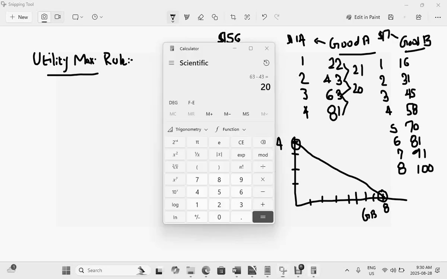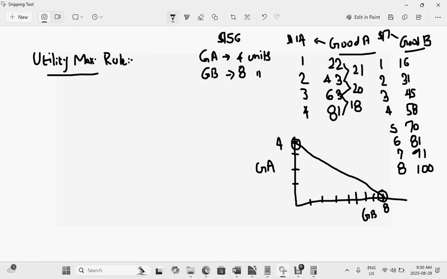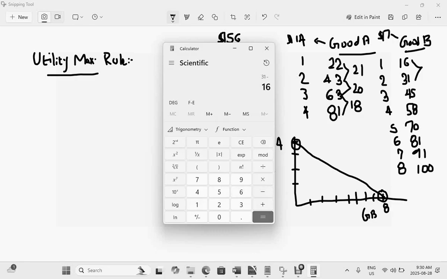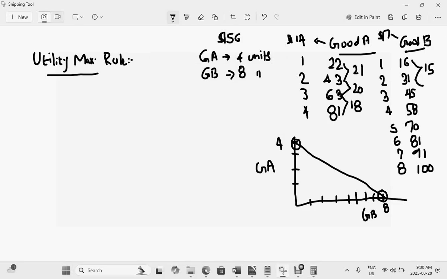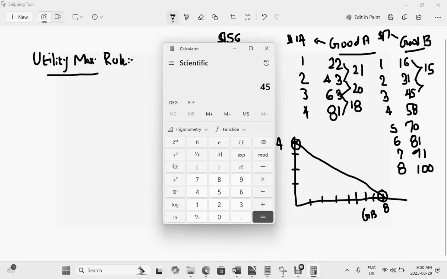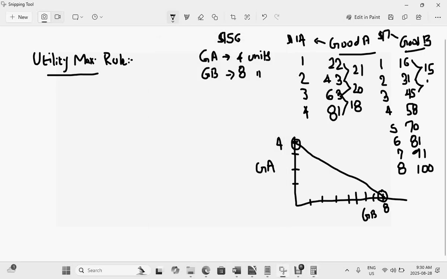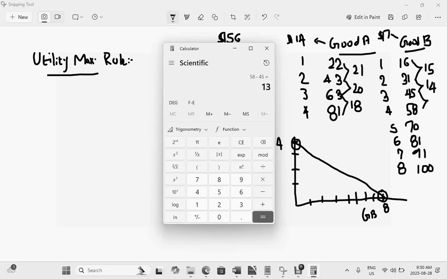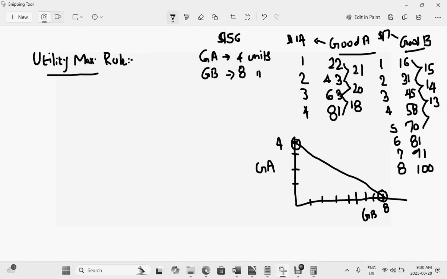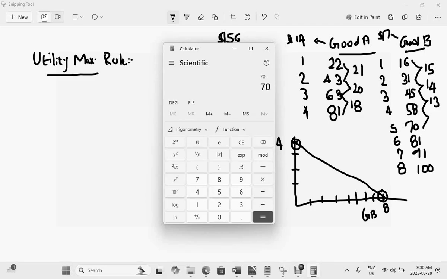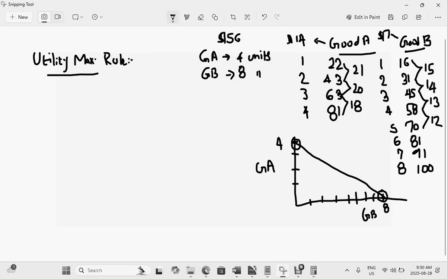And 81 take away 63 is 18. For good B, the marginal utility between these two values is 31 take away 16, which is 15. 45 take away 31 is 14. 58 take away 45 is 13. 70 take away 58 is 12. 81 take away 70 is 11. 91 take away 81 is 10.